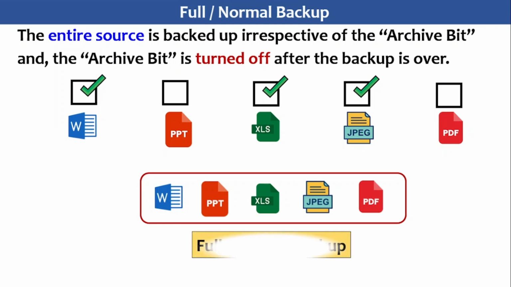So this will be our full backup, and after the backup is completed, the archive bit will be turned off. Means these files will be marked as the backup has been completed. So this is how our full backup works.